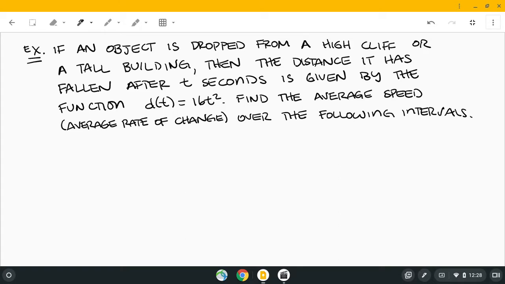All right. So here, let's find that average rate of change or that average speed between 1 second and 5 seconds.